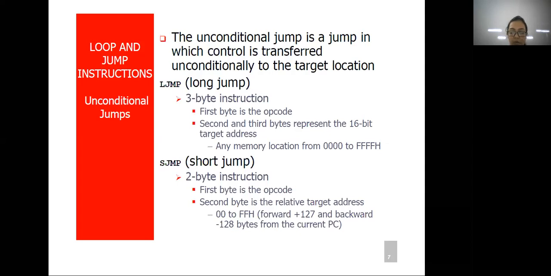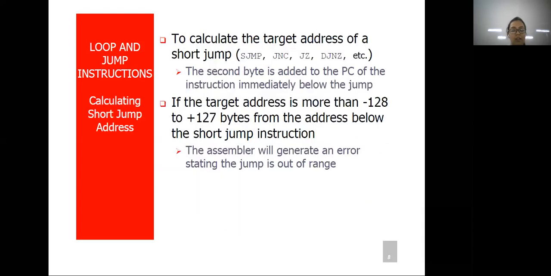The target address is only 8-bit, while in long jump the target address was 16-bit. So the name is short jump. It will be in the range of +127 to -128 bytes. So here we end our looping and jump instructions.